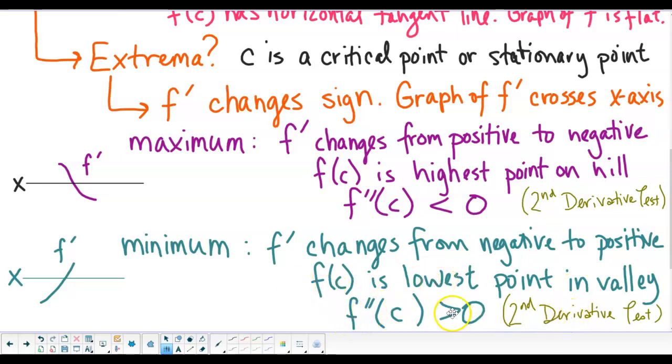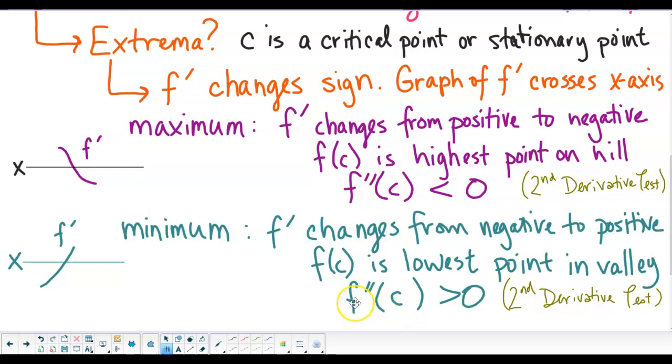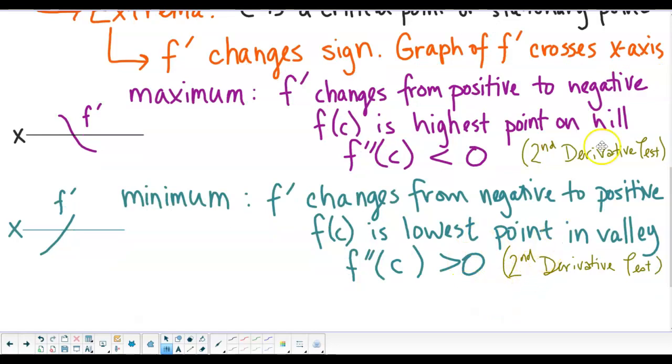But the second derivative test would inform us that the concavity at that point, the only way we're going to get a minimum is if the graph opened upwards and had a concave up portion. So this is basically another way to think of the first derivative test and the second derivative test, and how f, f prime, and f double prime are all related.